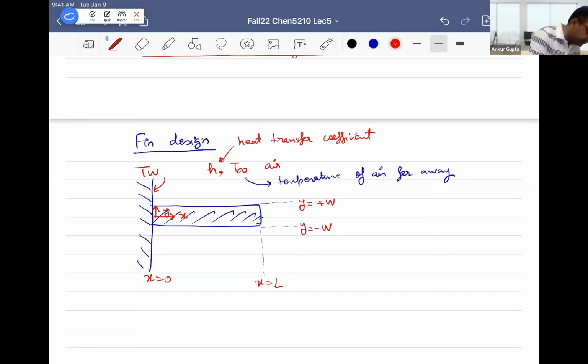The temperature in air is the same and the heat transfer coefficient is the same on all sides of this pin. And the goal is to find the temperature T(x, y).